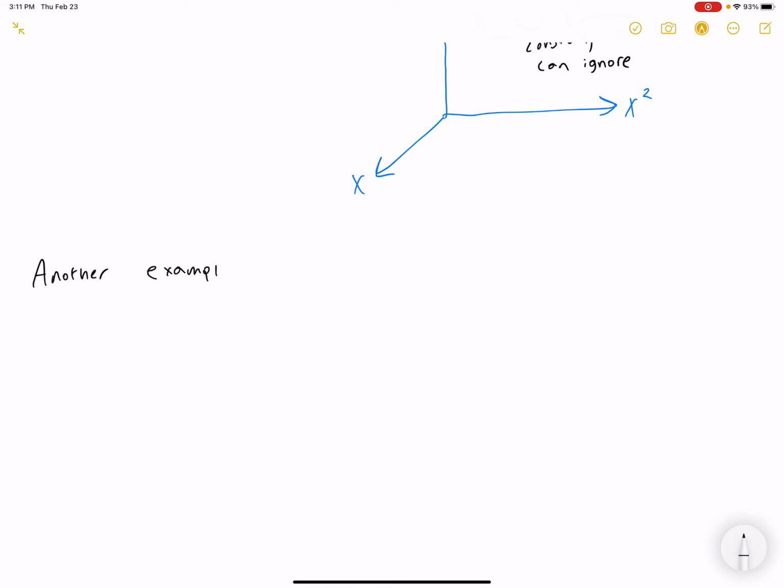Another example. If we wanted to see it go into 3 dimensions, where our original data is 1-dimensional, it's the same thing.